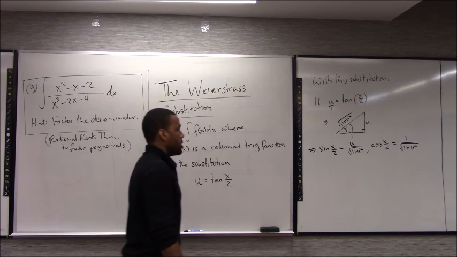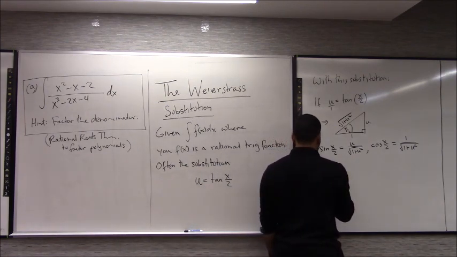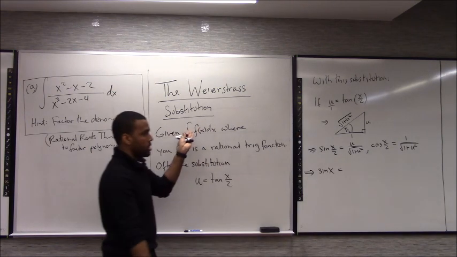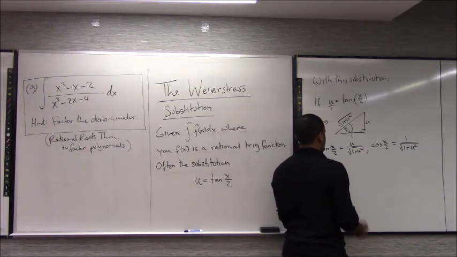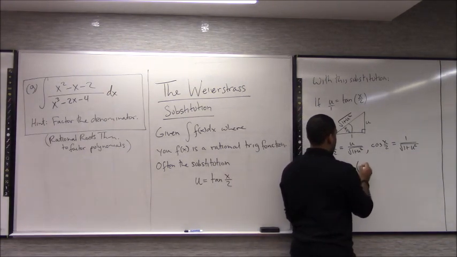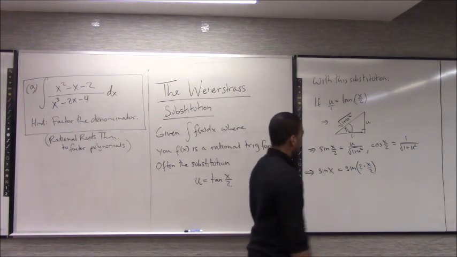Okay. Now what does that mean for the sine and cosine functions? This of course means that if I wanted to find the sine of x, so let's say there's a sine of x in this function, how would I calculate that? Well, I just think of this as sine of 2 times x over 2 and apply a double angle formula.